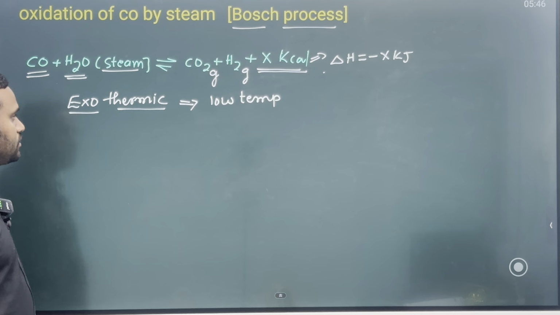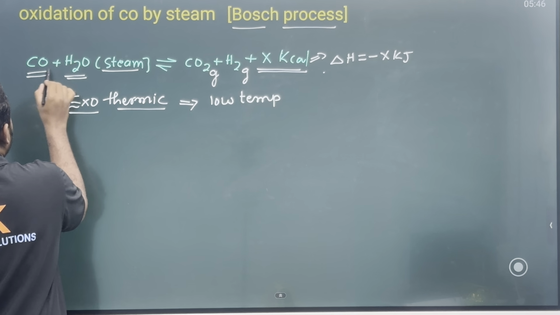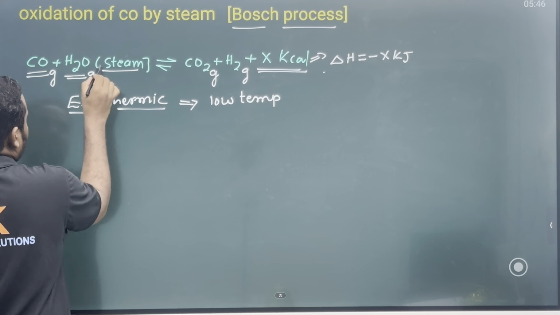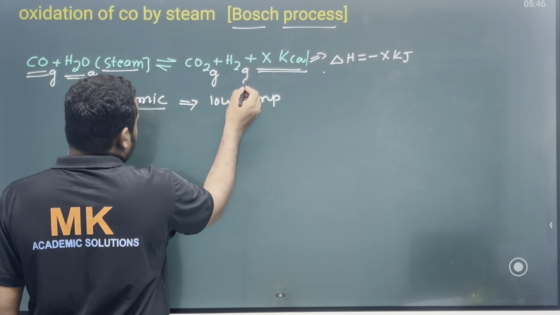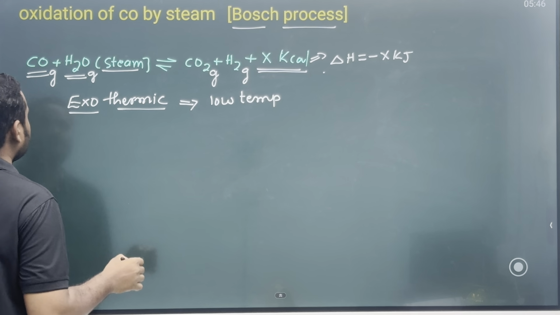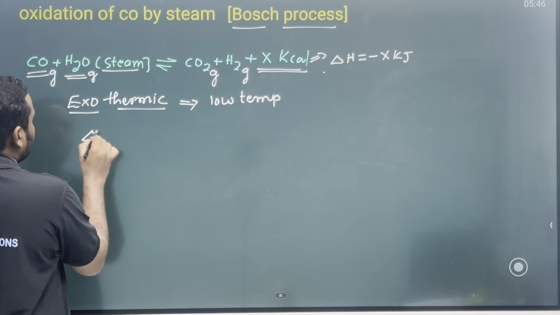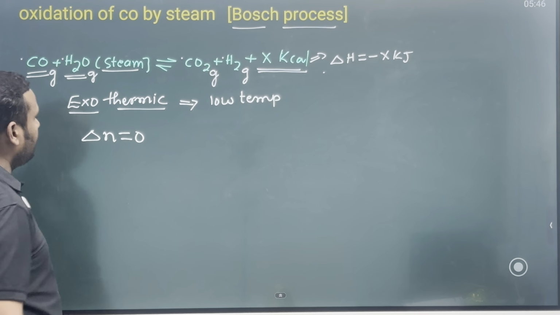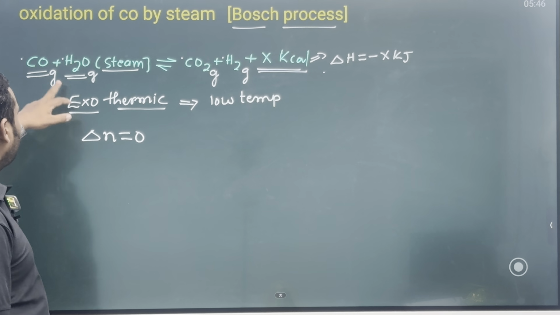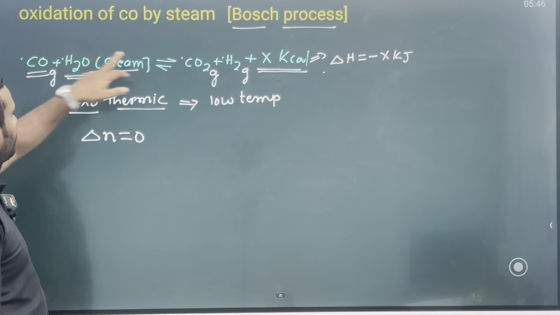And here pressure. See children, here CO is in the gaseous state, H2O is also in the gaseous state, CO2 is in the gaseous state and H2 is in the gaseous state. So now here delta N is equal to 0. Here 1 plus 1 is 2, and here also 1 plus 1 is 2. You can see whether it is balanced or not: 1 carbon, 2 oxygens, 2 hydrogens on each side.